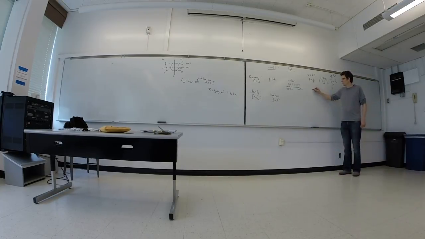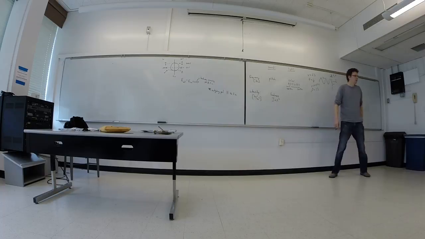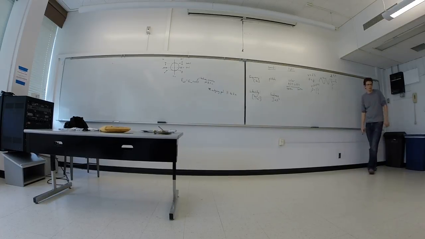You can, of course, use v equals f lambda. We learned that the speed of light in a vacuum, we reserve 3 times 10 to the 8th meters per second. We reserve the letter c for that. So you can also calculate the wavelengths which these correspond to. Of course, we know that if you increase your frequency, you're going to decrease your wavelength.